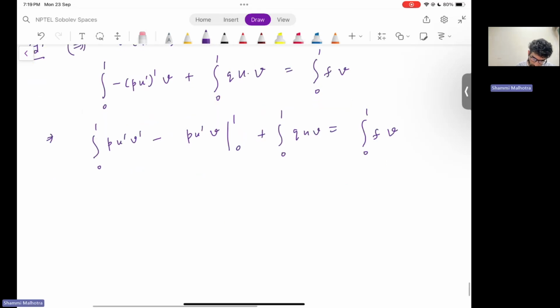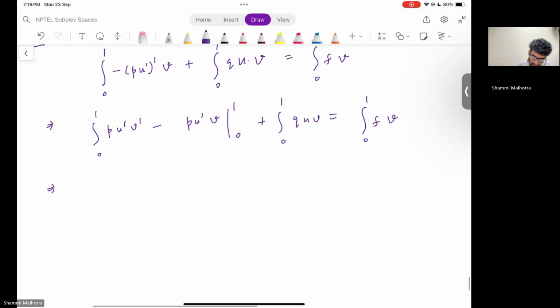Now we can take v equal to v naught, and the above equality holds, or the equality makes sense.